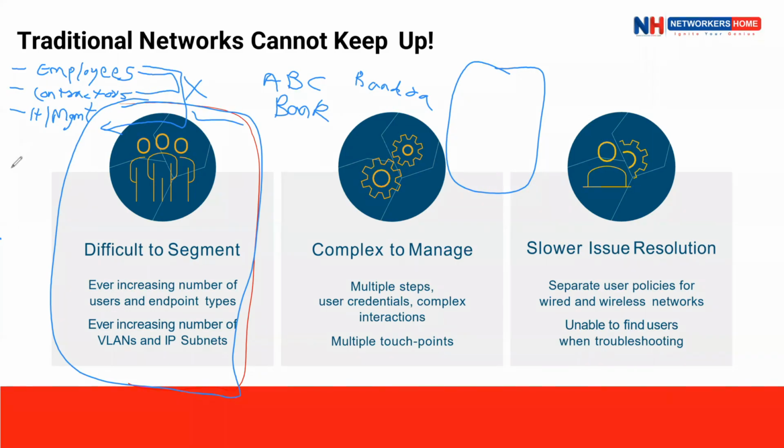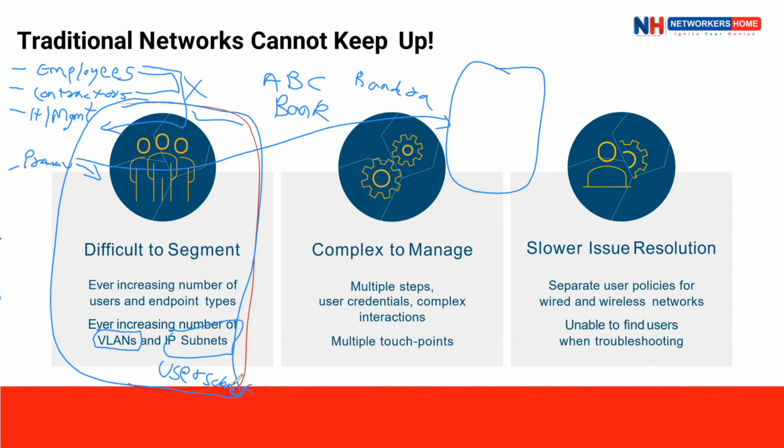So a new employee comes. For example, I join a bank and I am an employee. For me to get into their network, they need to create my ID, assign a workstation to me, assign me to a specific VLAN, and assign an IP address from their user subnet.